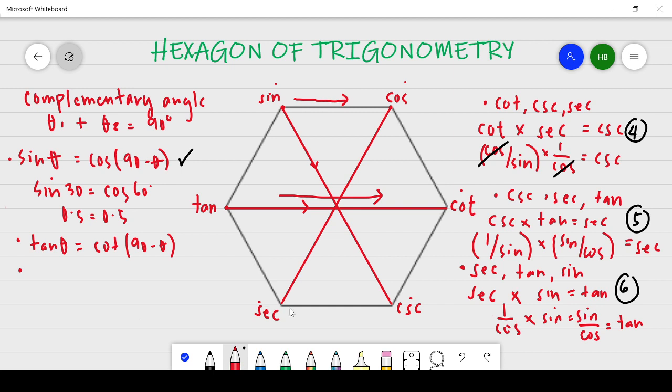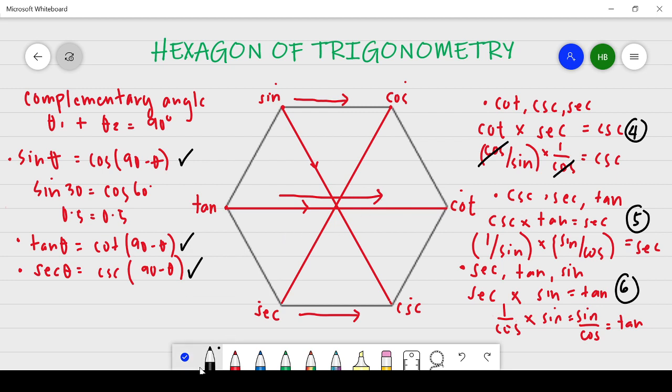And of course lastly your secant theta is cosecant of 90 minus theta. Ibig sabihin ang complementary angle mo, ang secant ng theta mo is the cosecant of its complementary. So ayun guys, nakaderive tayo ng 3 formulas out of this.